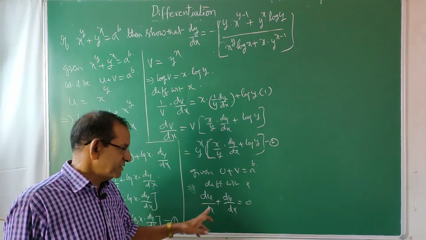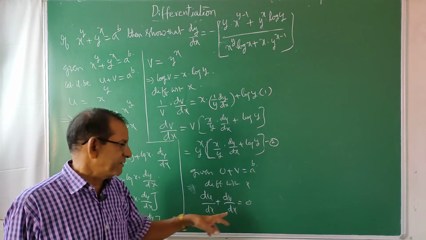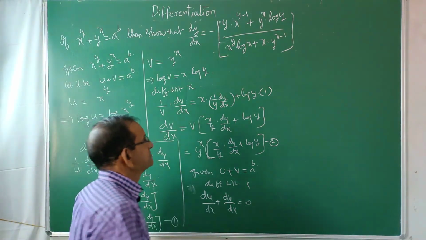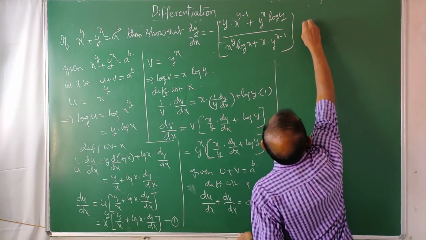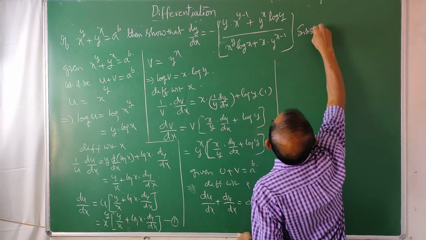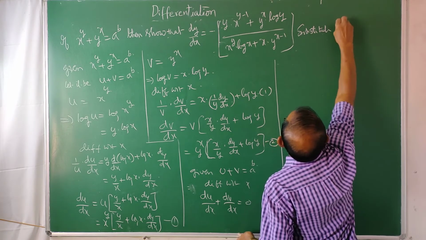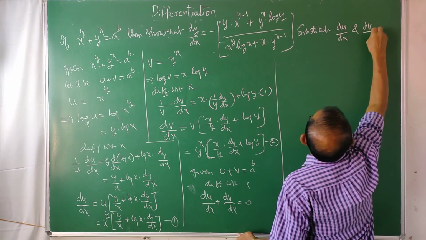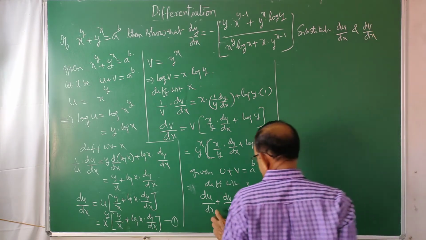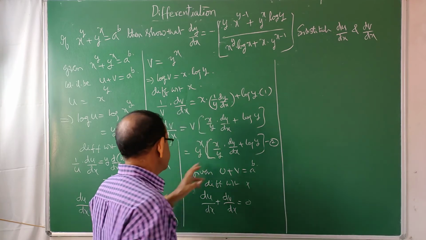Now in this one, you have to substitute the values of du by dx and dv by dx. That means sum of these two is 0.